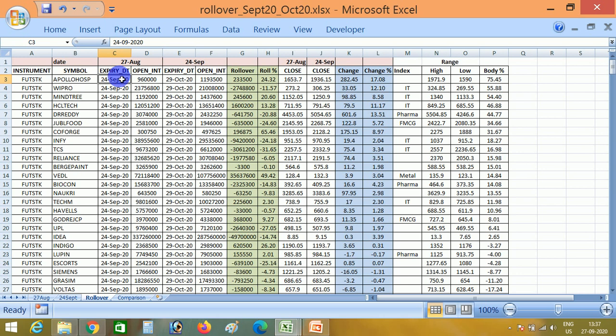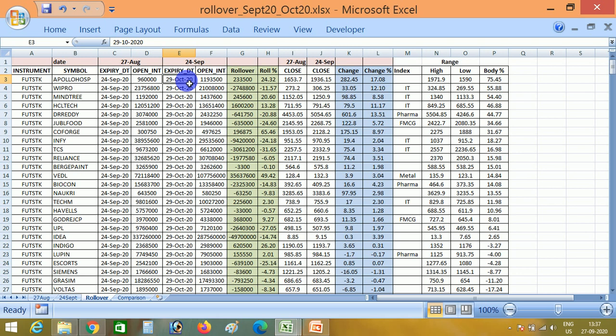And since on 24th September the contract for the September series has ended, we will check the data on the date of 24th September, the value of open interest and price for the next series.